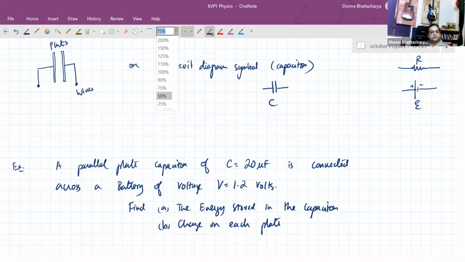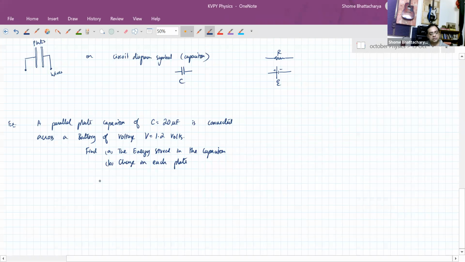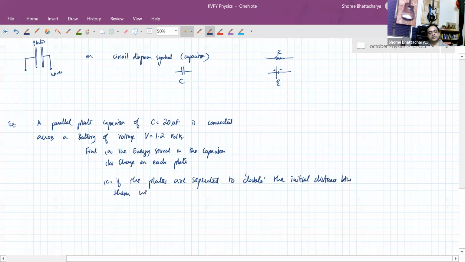Now, next what we'll do is, if the plates are separated to double the initial distance between them, with the battery connected.